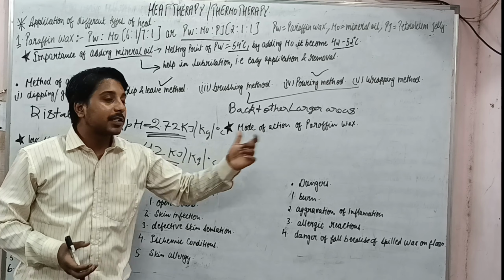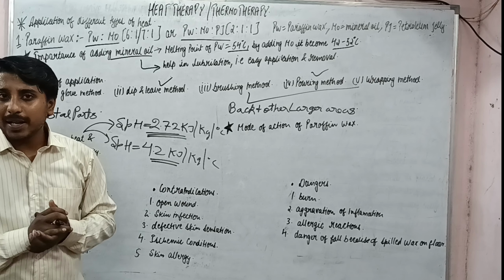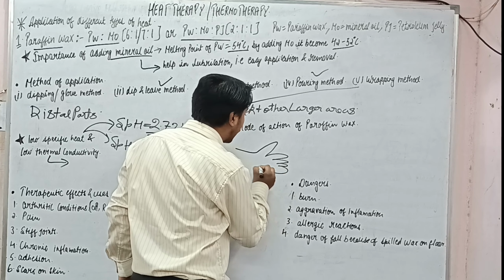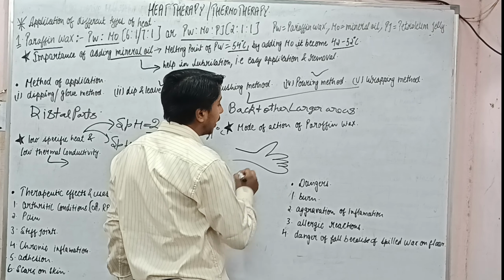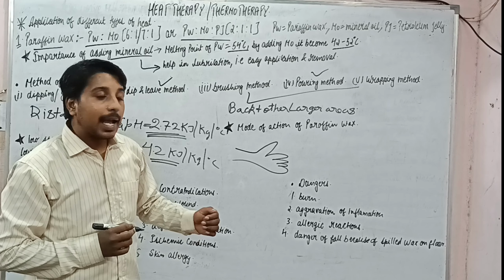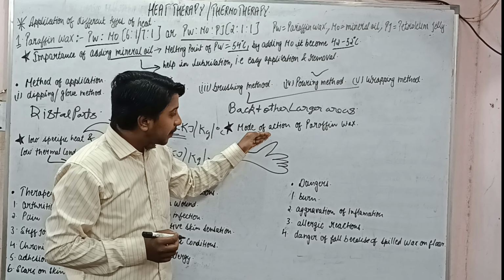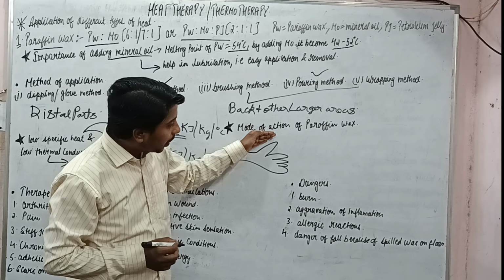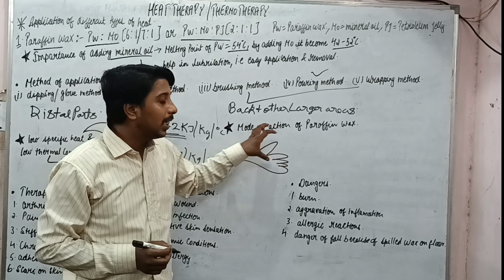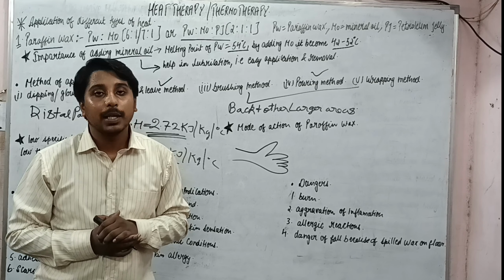Next is the mode of action of paraffin wax. It is again very simple, so you can understand. This is the body part, we will apply wax here. It will form a layer on this hand, and the heat will be transferred by conduction from the paraffin wax to the skin, and local heating will occur in this particular part.